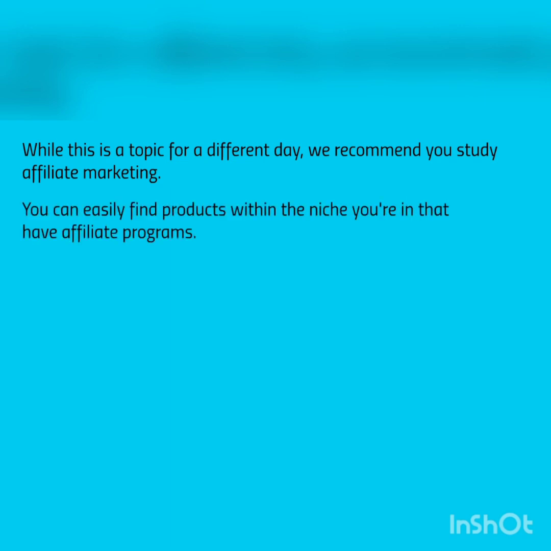You can easily find products within a niche that you're in that have affiliate programs. In fact, in video number 5, I show you how to go to a site called clickbank.com or even jvzoo.com, both of which are sites where you can find products to promote as an affiliate.